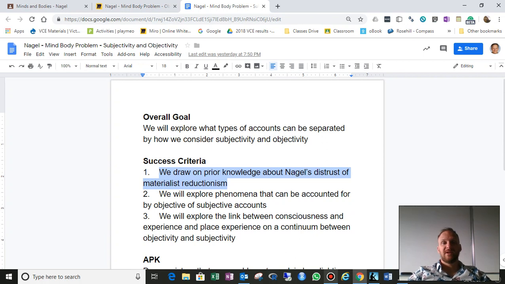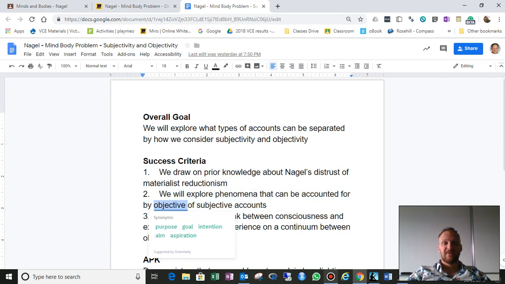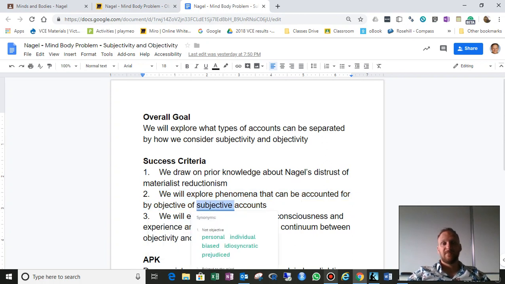If you remember, he's saying that material reductionism has difficulties accounting for the first person subjective point of view of phenomenal consciousness or phenomenal experience. Then we need to explore phenomena that can be accounted for by objective accounts and the different ones that are accounted for by subjective accounts. You could probably predict what they are going to be.